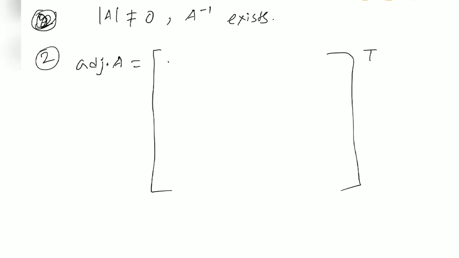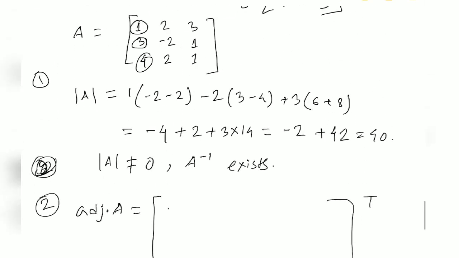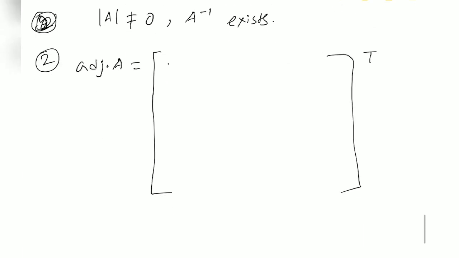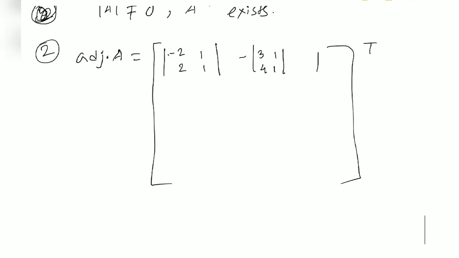So write them in their positions. Here it is minus 2 1 2 1. And here it is minus 3 1 4 1. And then here it is 3 minus 2 4 2.